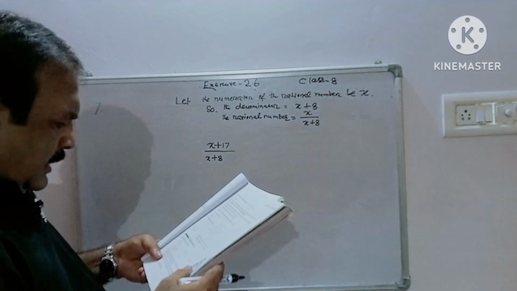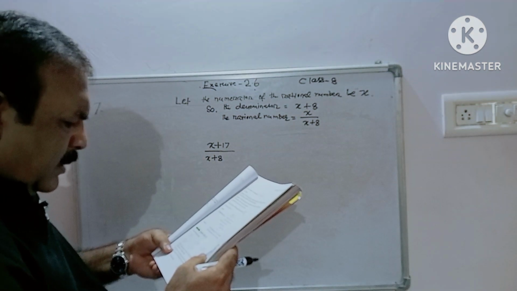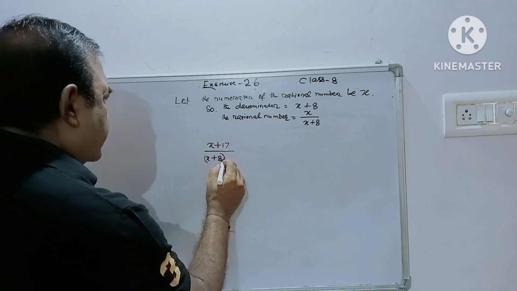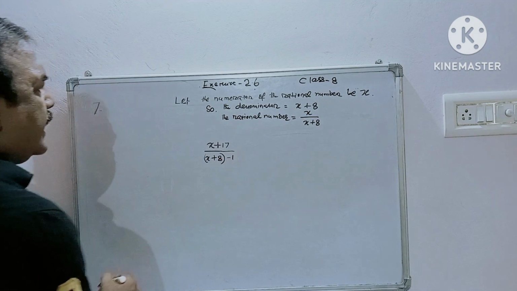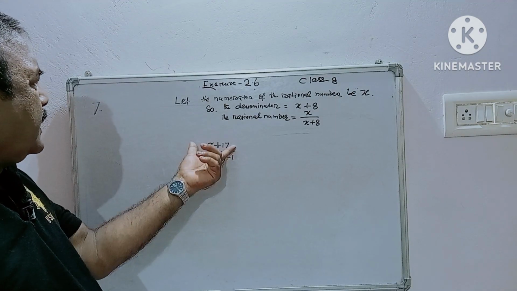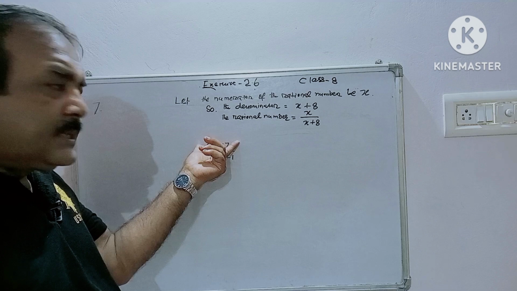At the same time, the denominator is decreased by 1, so x plus 8 minus 1.